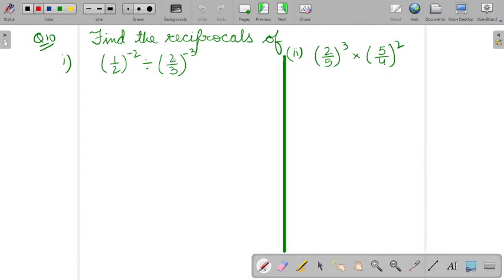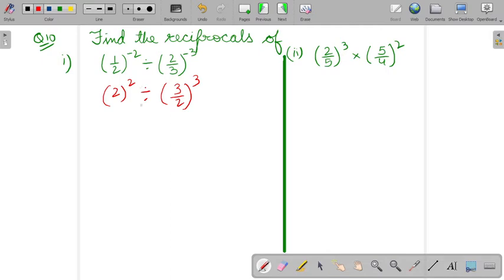Question 10. Find the reciprocals of these rational numbers. To find out the reciprocal, first we will solve this whole part and then we will do the reciprocal. And since the power is negative, we will make it positive first. So it will be 3 by 2 power 3.